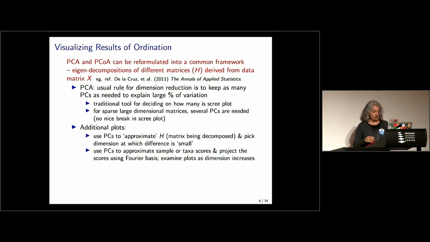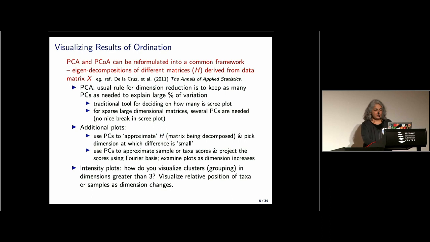And then one of the later ideas was to use Andrews curves. We had these intensity plots that got a little bit bulky to look at, but Andrews curves project these using a Fourier basis, and things look nice. So what I'm going to do is show you a bunch of these different plots. They're not glamorous in any way, but I think they get at different ways of looking at information.